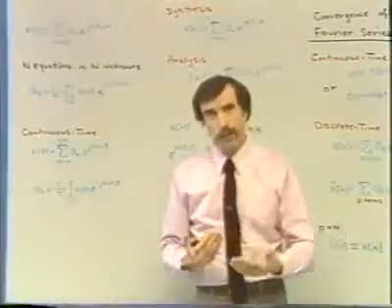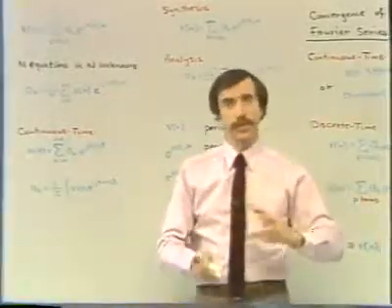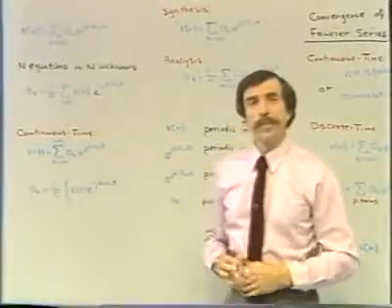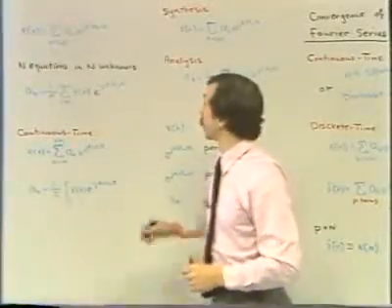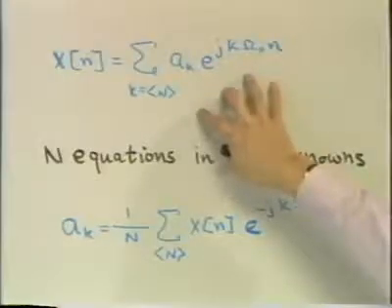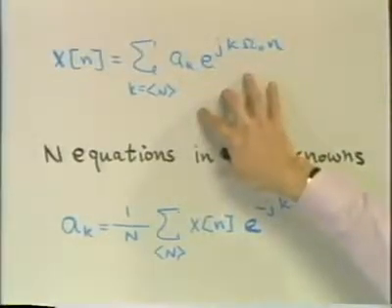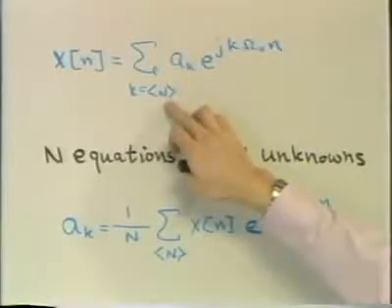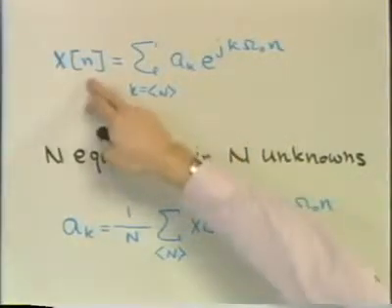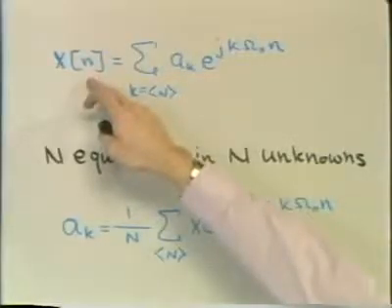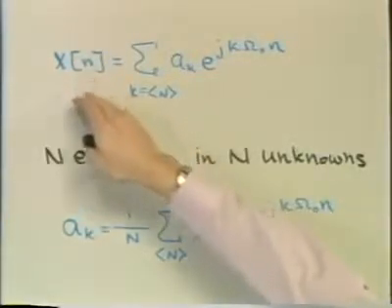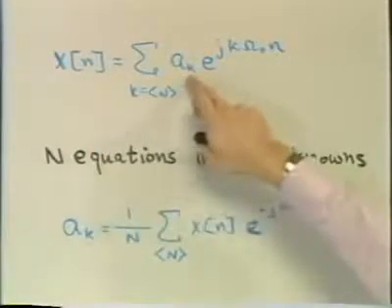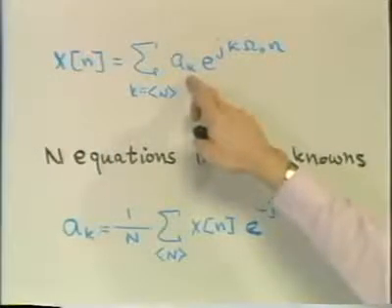And we do that in the text, which involves substituting some sums and interchanging the orders of summation, etc. But let me draw your attention to the fact that this can be thought of as capital N equations in capital N unknowns. In other words, we know x of n over a period, and so we know what the left-hand side of this is for capital N values, and we'd like to determine these constants a sub k.